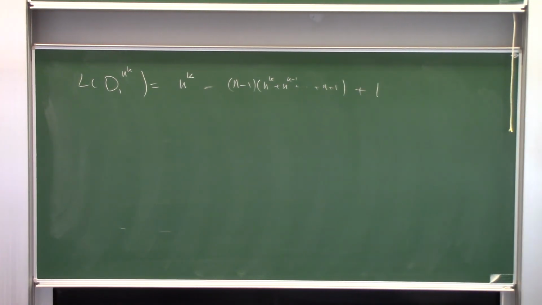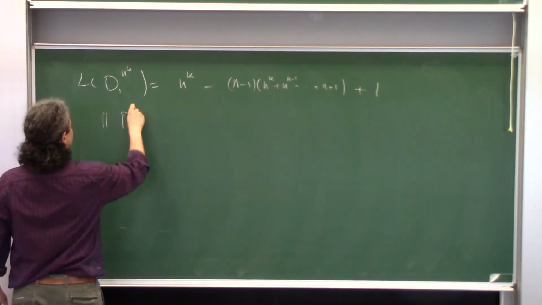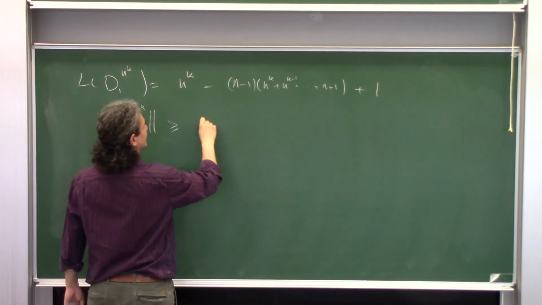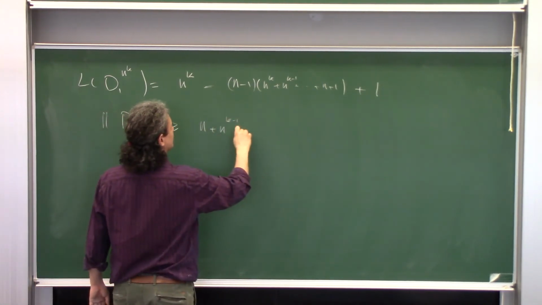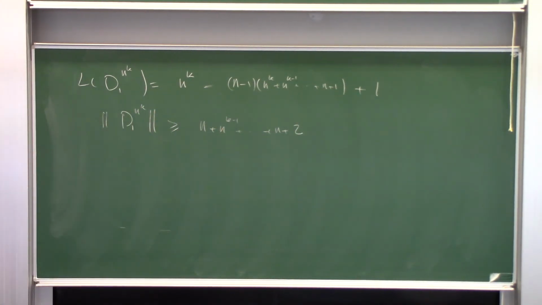So this is my factor. The remainder here is 1, which means the word length of d1 to the n^k is bigger than or equal to n to the k minus 1 plus n to the k minus 2 and so on, plus n plus 2. Right? And which is exactly the number of elements I used.